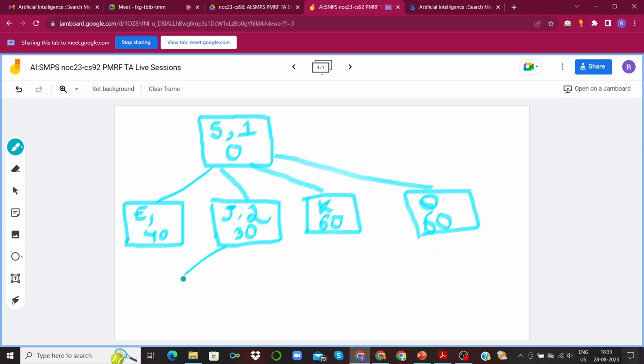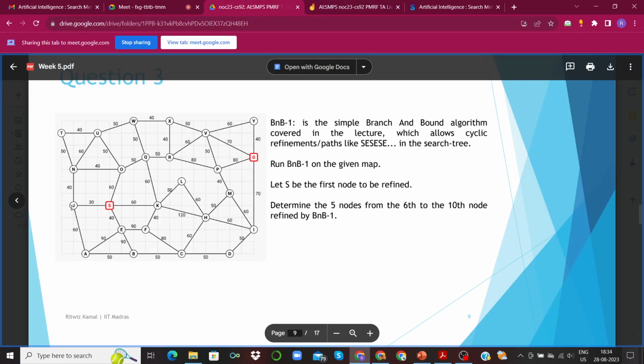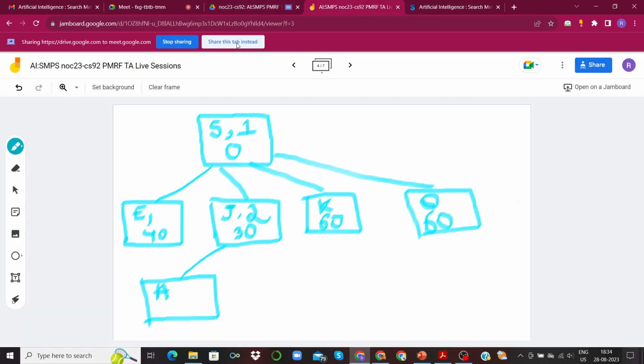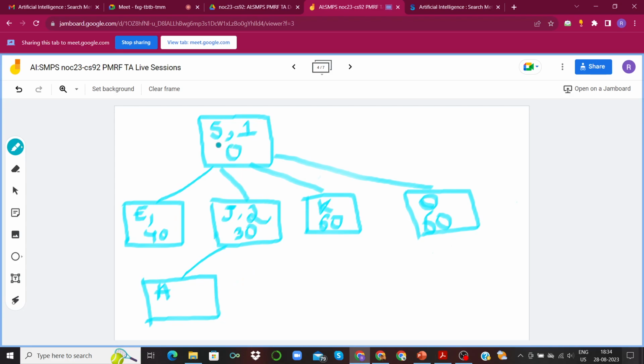So from J we could go to A with cost, and remember that this is the total cost of the partial tour. Even though the cost from J to A is 60, we have to consider the cost from S to J to A. So this will be 30 plus 60, which is 90. The cost of going from S to J was 30, then the cost of going from J to A is 60, so the total cost up till this point will be 90.